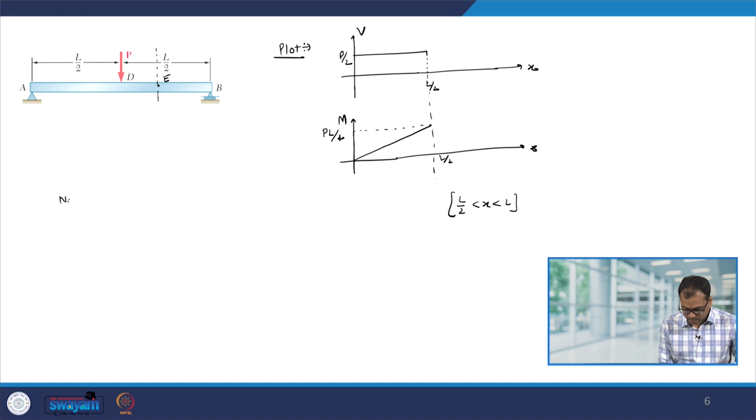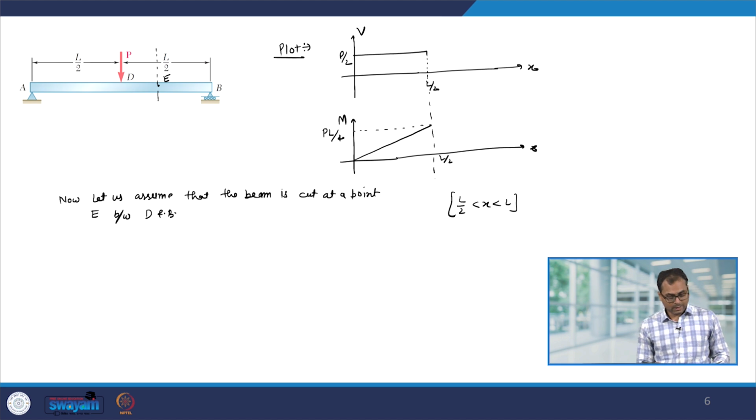Let us assume that the beam is cut at a point E, which lies between D and B. So now let us look at the free body diagram of the left hand side and right hand side.